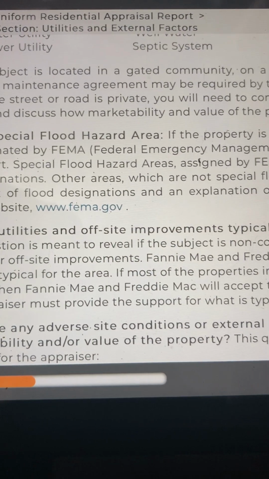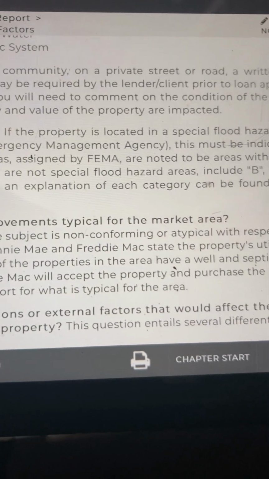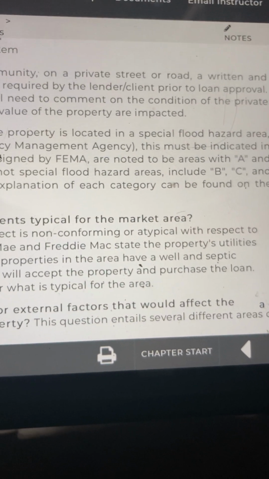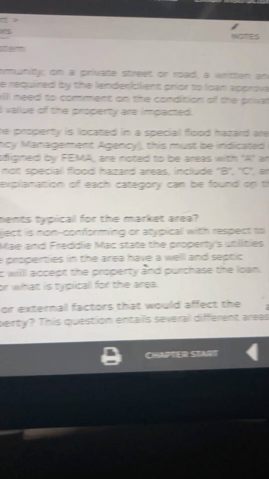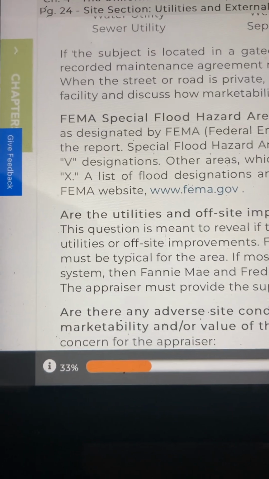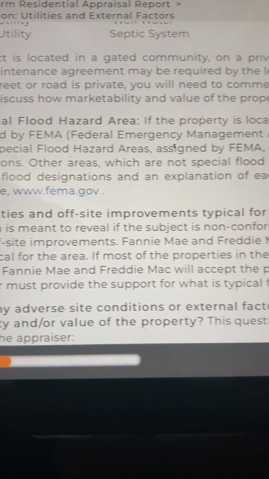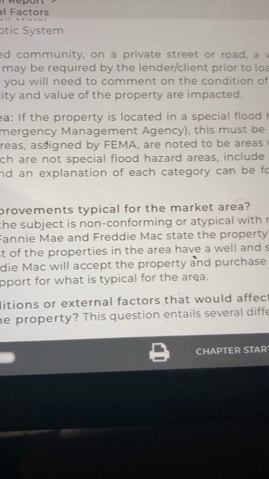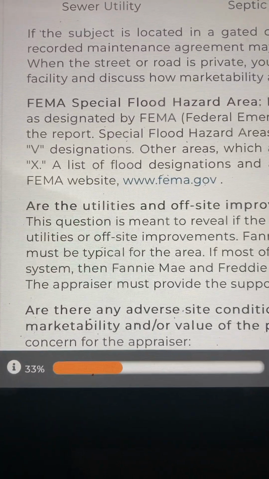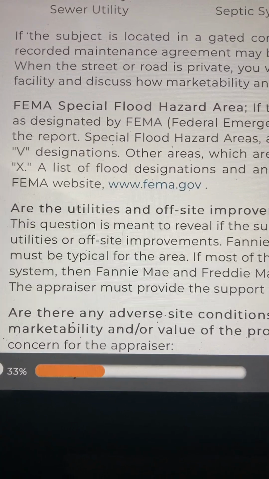Other areas which are not special flood hazard areas include B, C, and X. A list of flood designations and an explanation of each category can be found on the FEMA website, www.fema.gov.